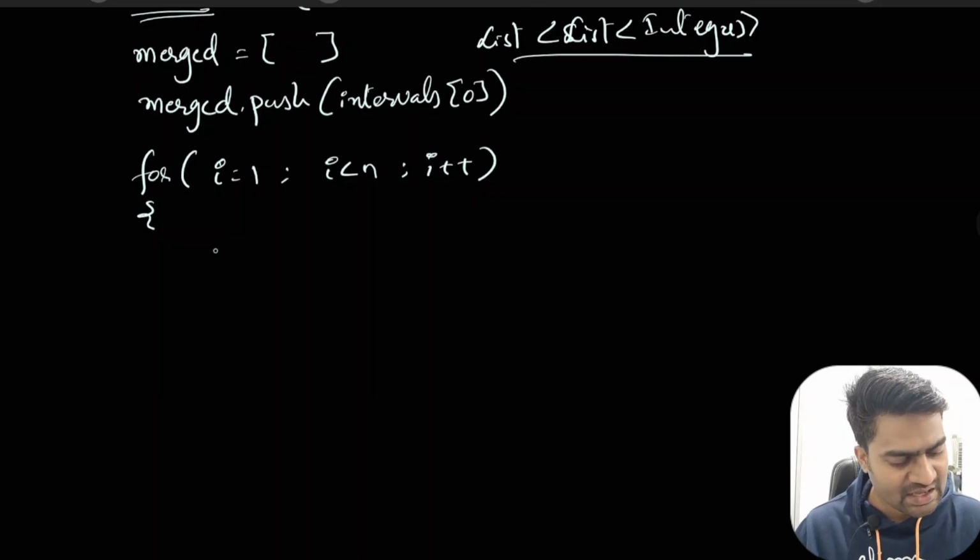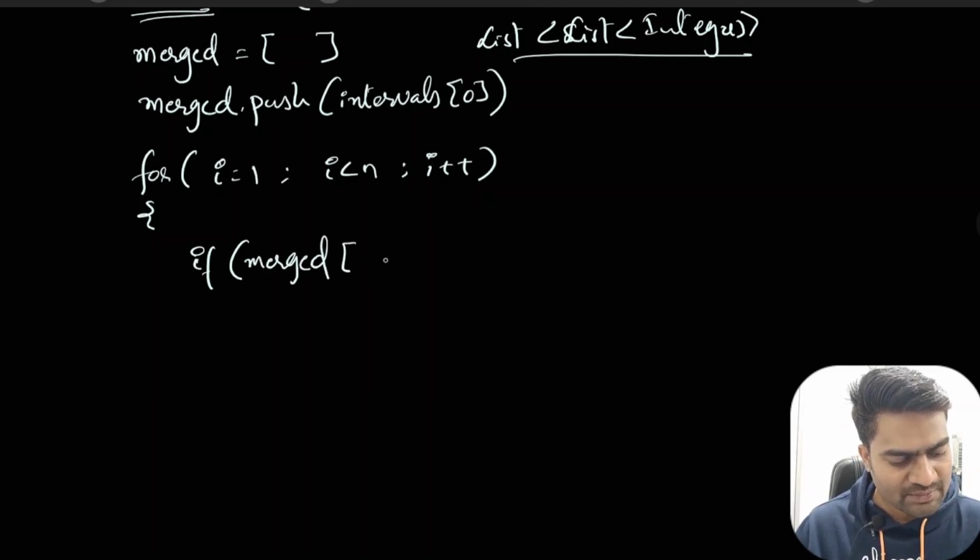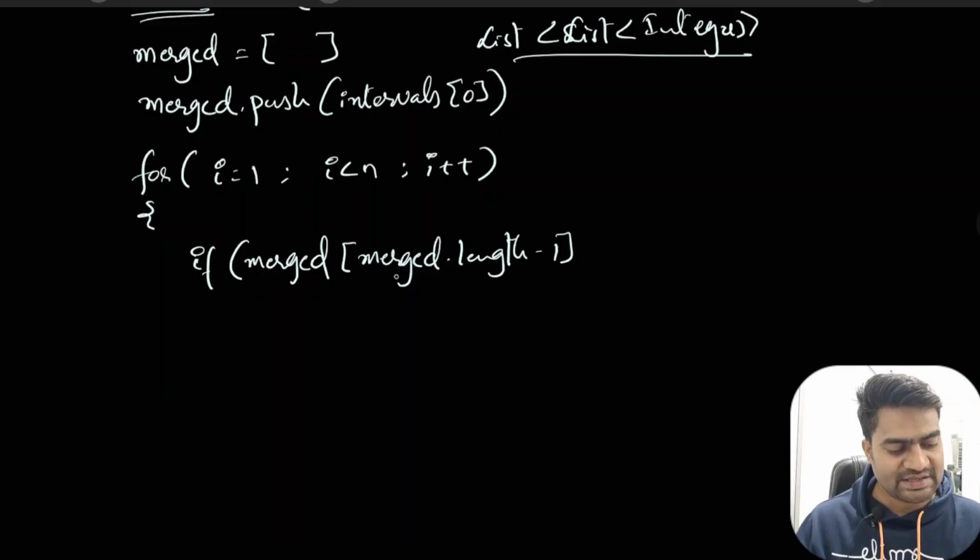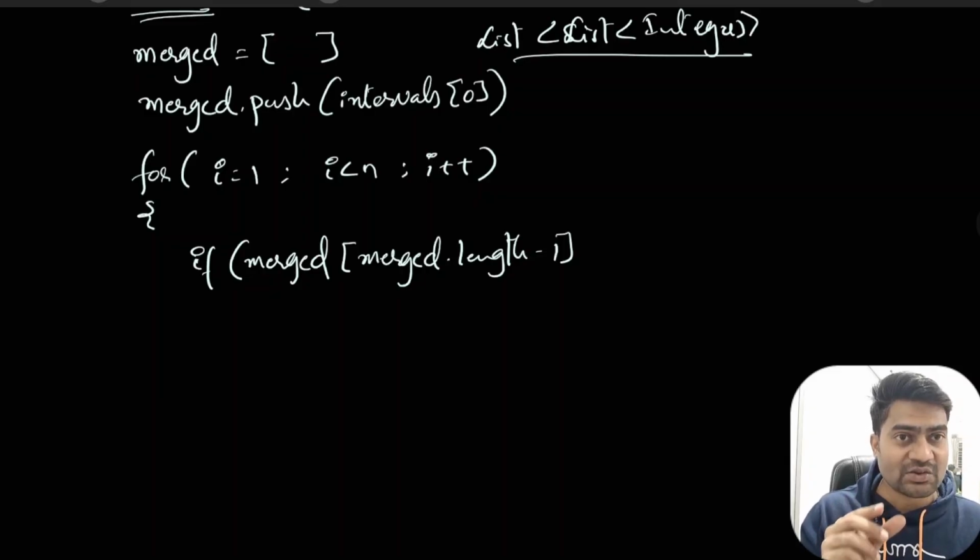So basically, if merged of merged dot length minus 1. This will take the current merged array length and minus 1, which gives the last or the top element.